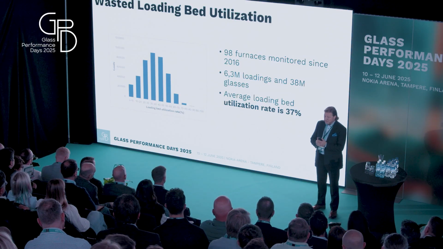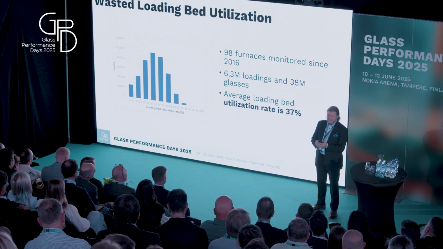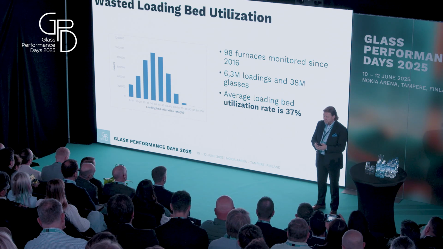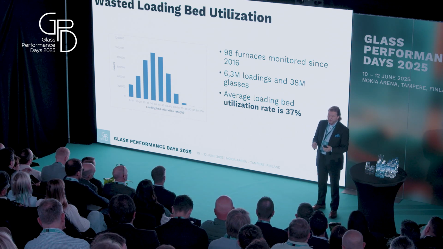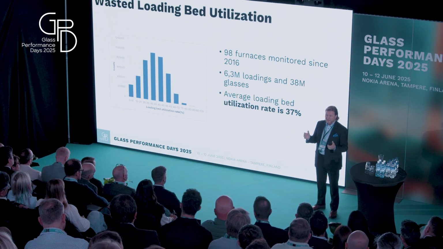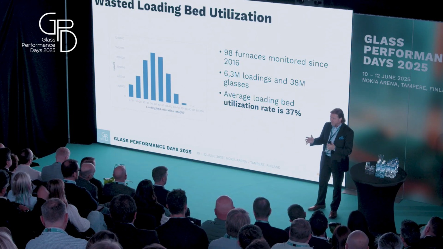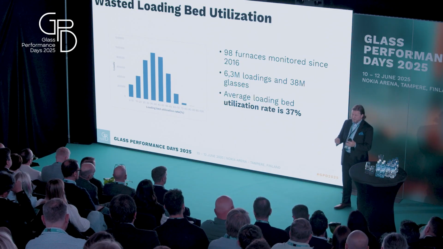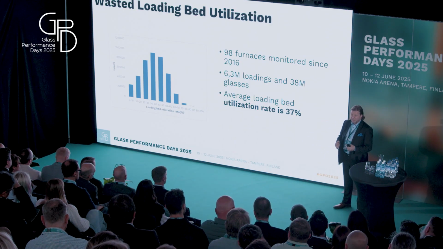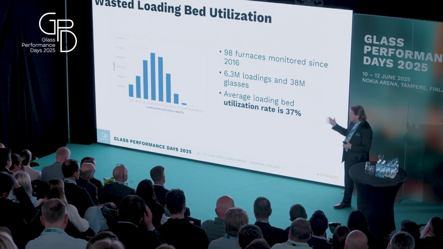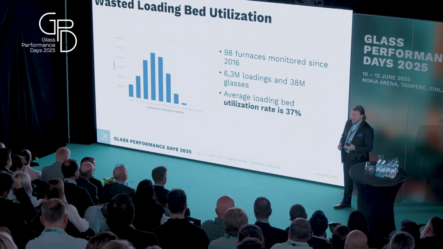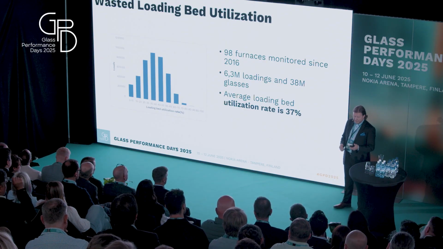And this means that some companies have less, they have 20. Some companies may have higher, especially if the glass sizes are close to each other and rather small. But typically in a mixed production, you can easily get 37 and very often lower than that.